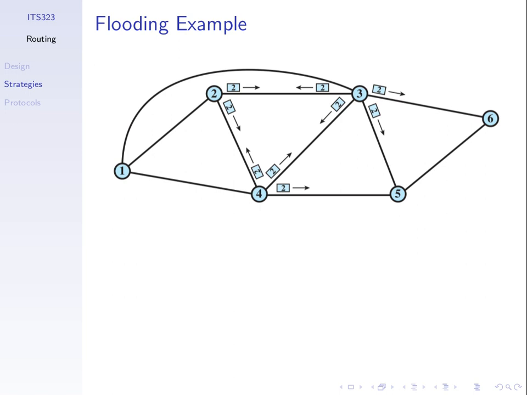In the header there's a source address, N1, destination address, N6, hop counter, hop limit. In our example, initially 3, that's chosen by the source. And let's say we also include a sequence number. So the first piece of data they send, they give sequence number 1.